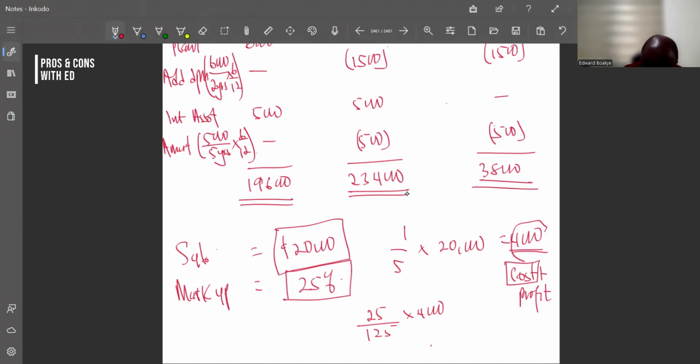So the PUP, or the unrealized profit, will be equal to 800. That is how we deal with the provision for unrealized profit. So always know the amount they are selling, what is left, and what the markup or margin percentage was.